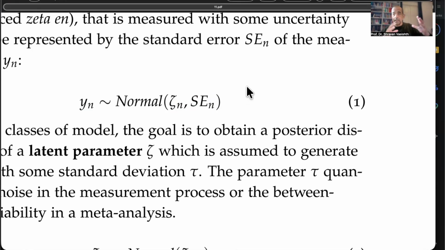So all these things come together to have an impact on the estimate from each study, and that's why, in principle, every study will have a different effect size. But this is an unknown and unobserved value. It's a latent parameter.